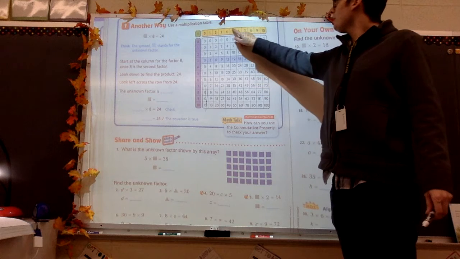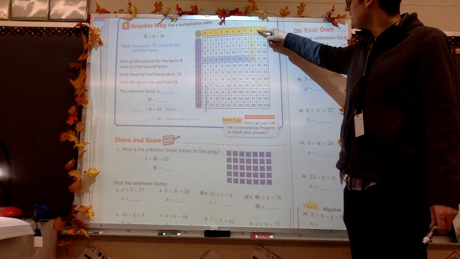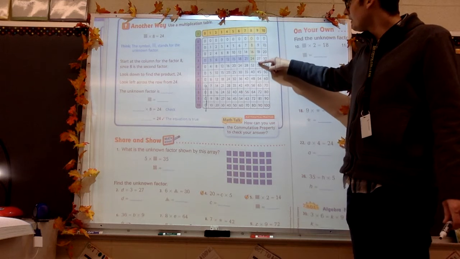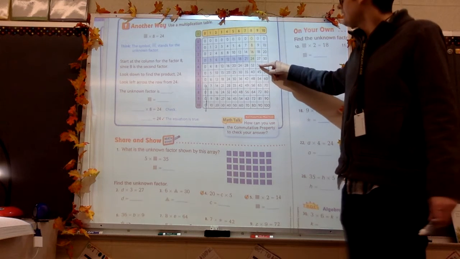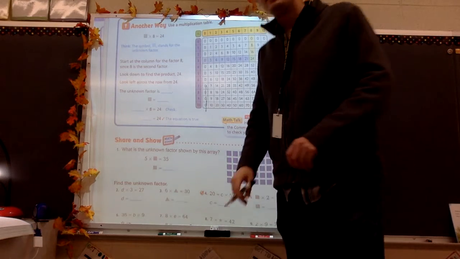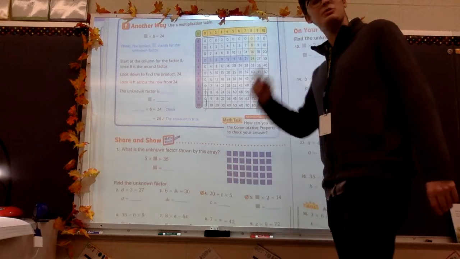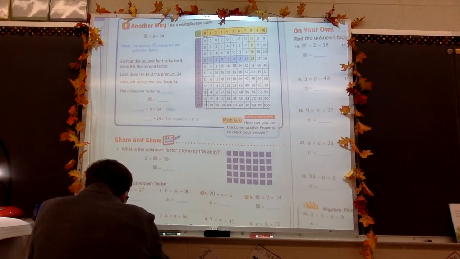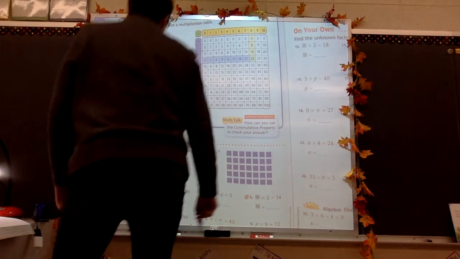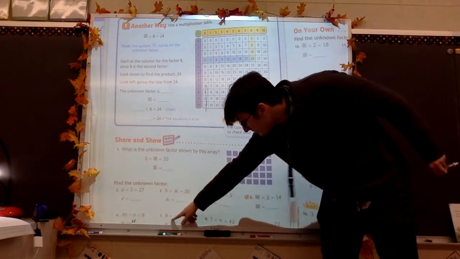Go all the way over here on the yellow bar till we find 9. And then we go down till we get to 36. There's 36. Now we move all the way to the left, and it says 4. So then we now know that 9 times 4 equals 36. So I can write 4 right down here. So B equals 4.